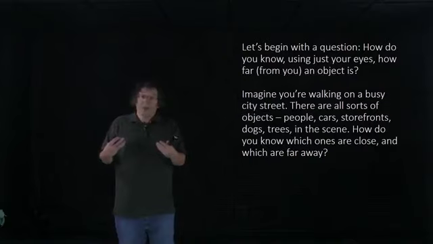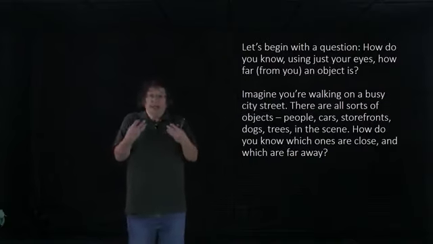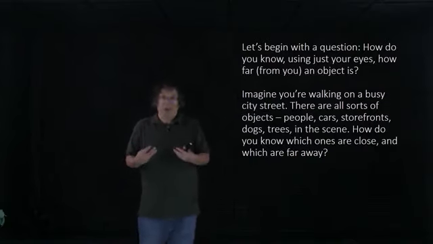They don't absolutely require it. But as so often happens with the human vision system, we use every trick at our disposal. And since most of us have working binocular vision, that's one of the techniques that we use to determine how far an object is from us.